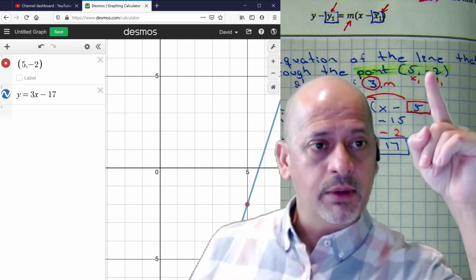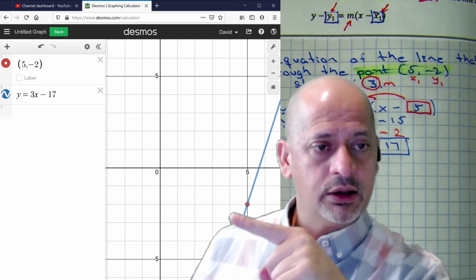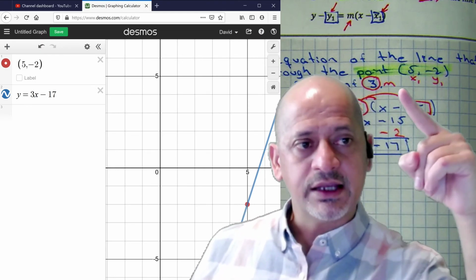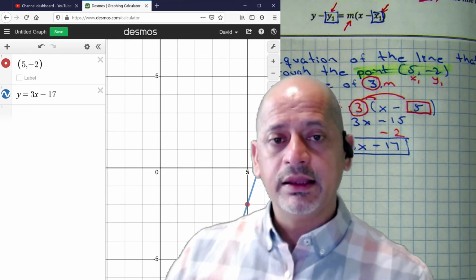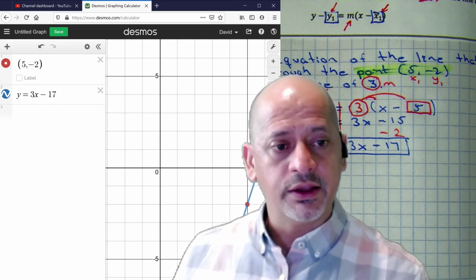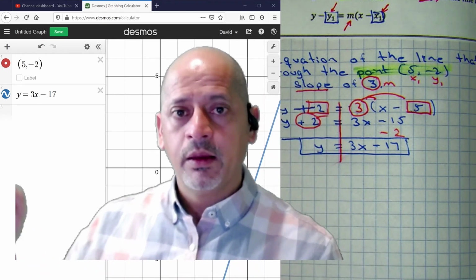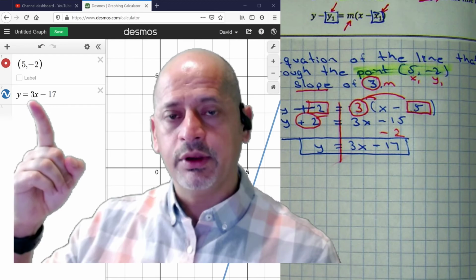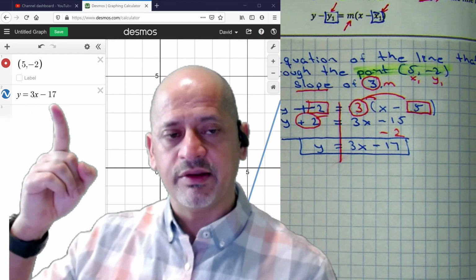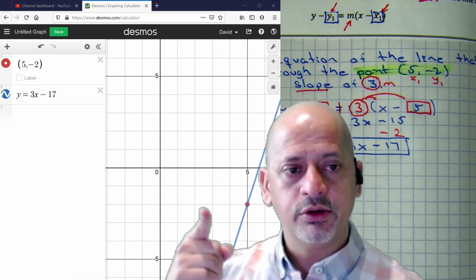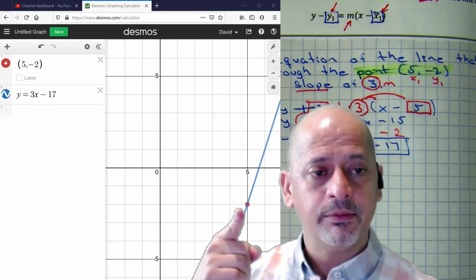So therefore, it matches the point. It does go through the point, and that is the correct slope that we were looking for. And notice that in this case, you can actually tell that your slope is correct because that is a 3, and that is your slope. Now, we know that our y-intercept is -17. But we also know that the slope is here.